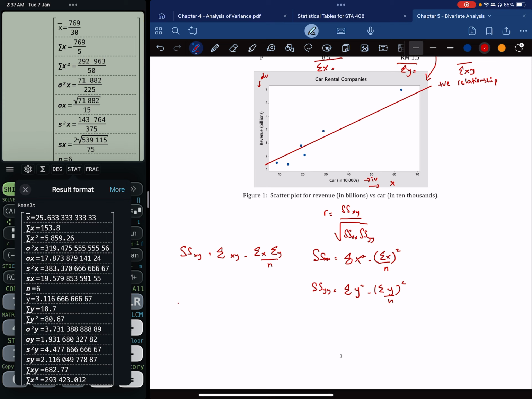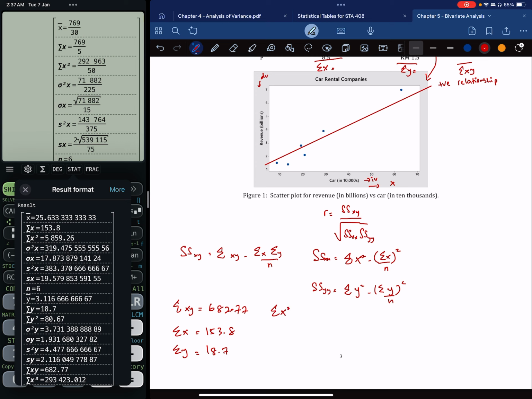Summation of xy equals 682.77. Summation of x equals 153.8. Summation of y equals 18.7.